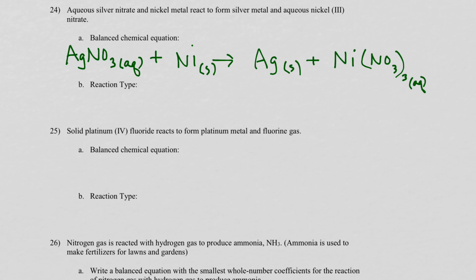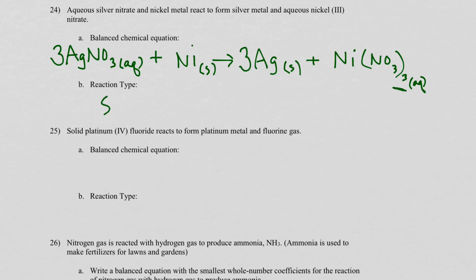Next step is to balance the overall equation, which in this particular case we need a 3 in front of the silver nitrate and a 3 in front of the silver metal. If you go back and forth from left to right, you can see that then gives us 3 silver, 3 nitrates, 3 nitrates, 1 nickel, and 1 nickel.